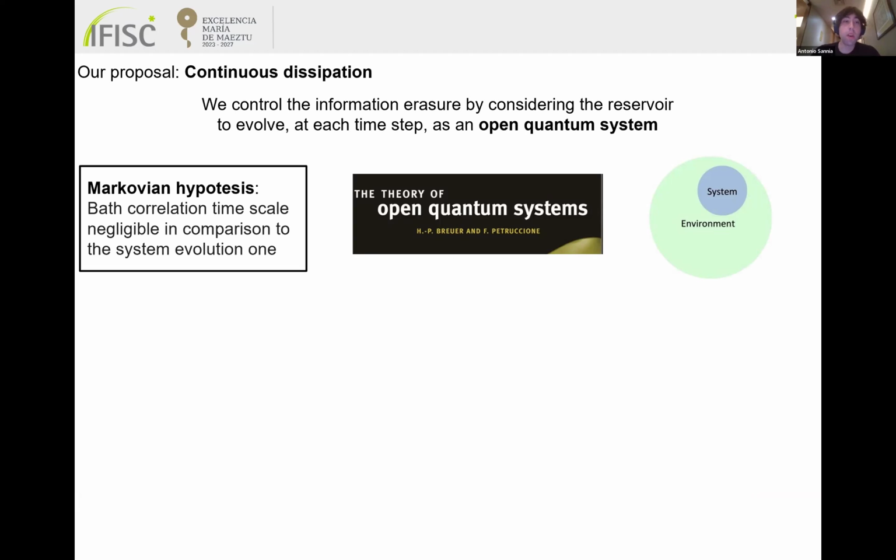This can be physically justified if the bath correlation time scale is negligible in comparison to the system evolution time scale. So under this regime, the evolution of my quantum system is Markovian, which means that the updating rule of my reservoir will not explicitly depend on the previous states of the system.